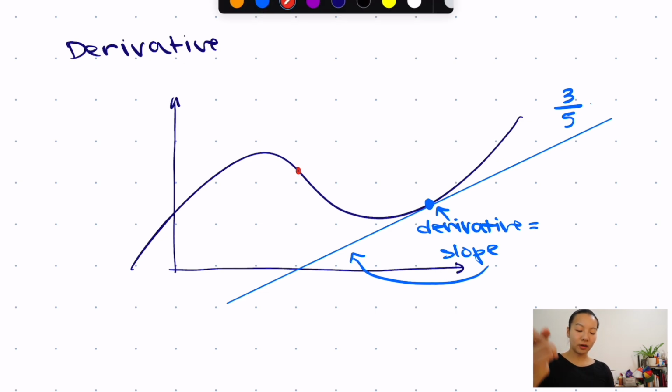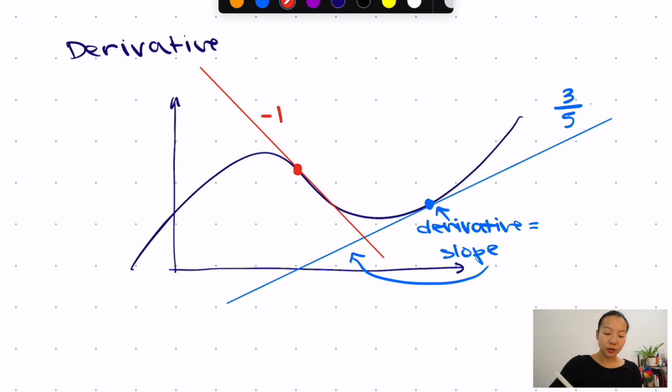For example, this point over here might have a slope that looks like this. And so that derivative might be something that looks kind of like -1, etc.